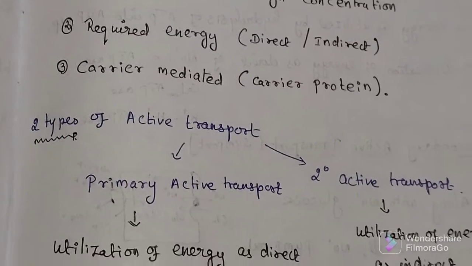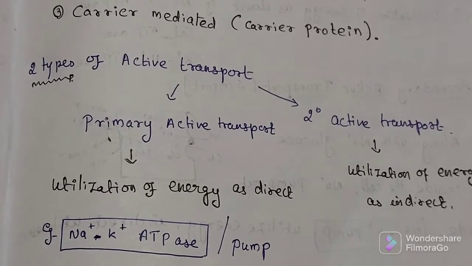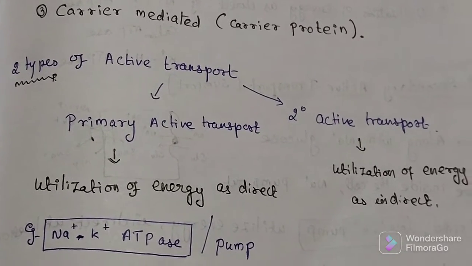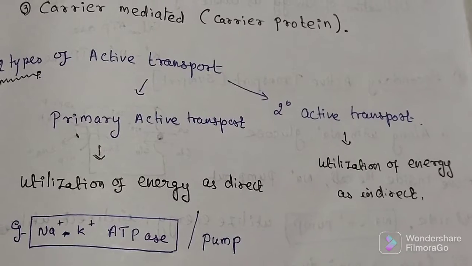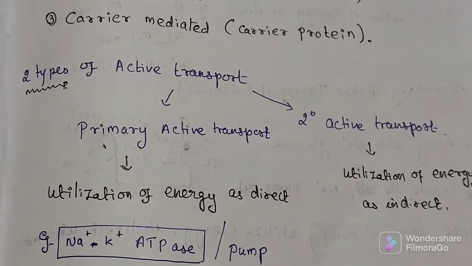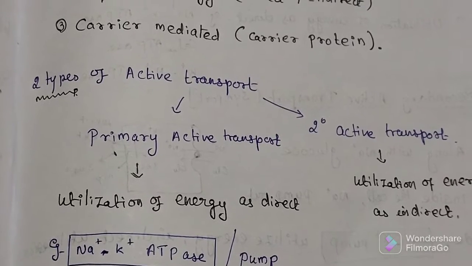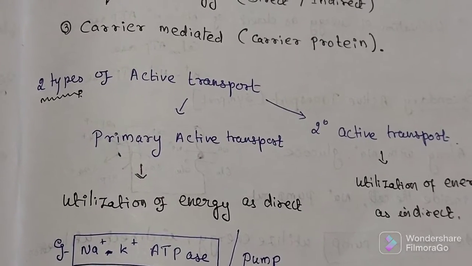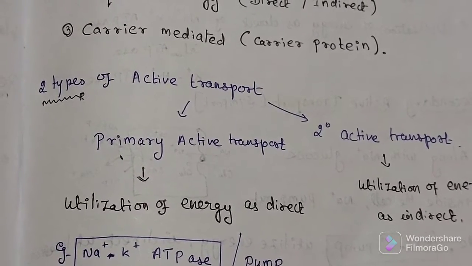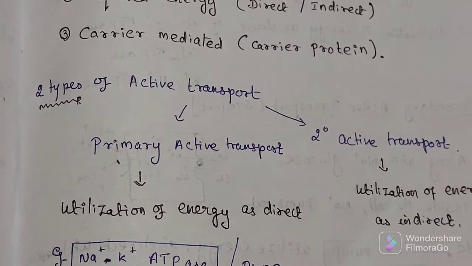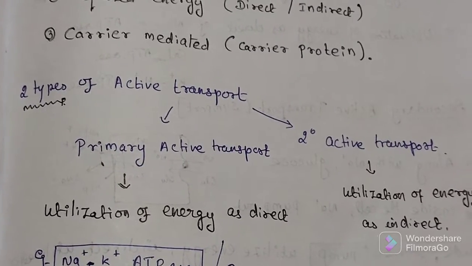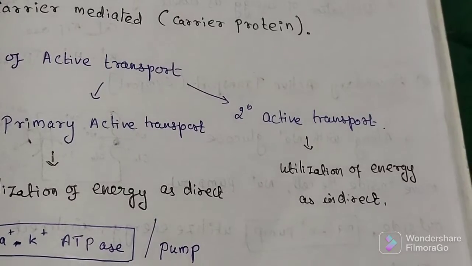Now there are two types of active transport: primary active transport and secondary active transport. Primary active transport means utilization of energy in a direct way. What is secondary active transport?